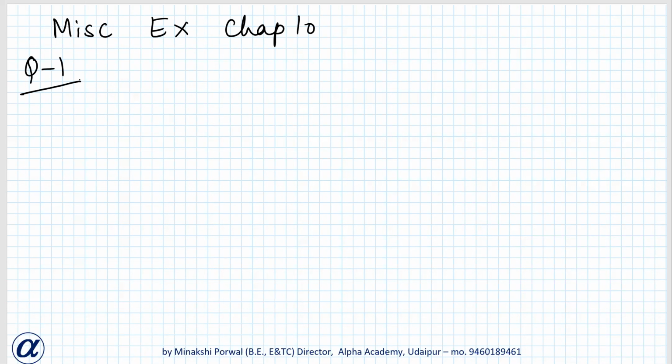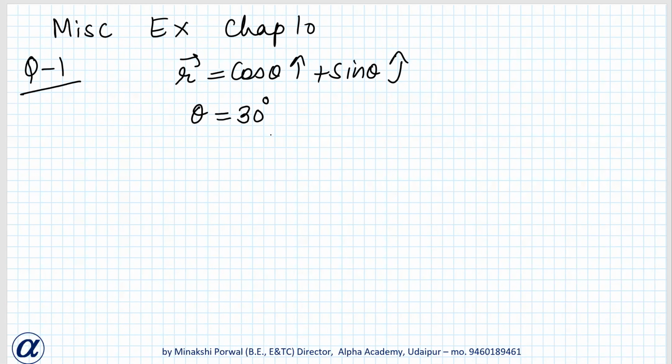All the unit vectors are given by vector r equals cos theta i cap plus sin theta j cap. Here we are asked to write only a single unit vector with angle 30 degree. So we just substitute theta equals 30 degree here. So r will be cos of 30 i cap plus sin of 30 j cap.